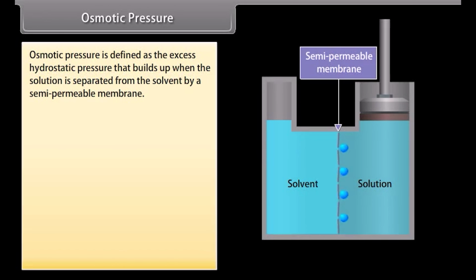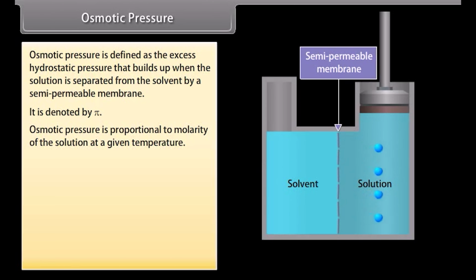Osmotic pressure. Osmotic pressure is defined as the excess hydrostatic pressure that builds up when the solution is separated from the solvent by a semi-permeable membrane. It is denoted by pi. Osmotic pressure is proportional to molarity of the solution at a given temperature.